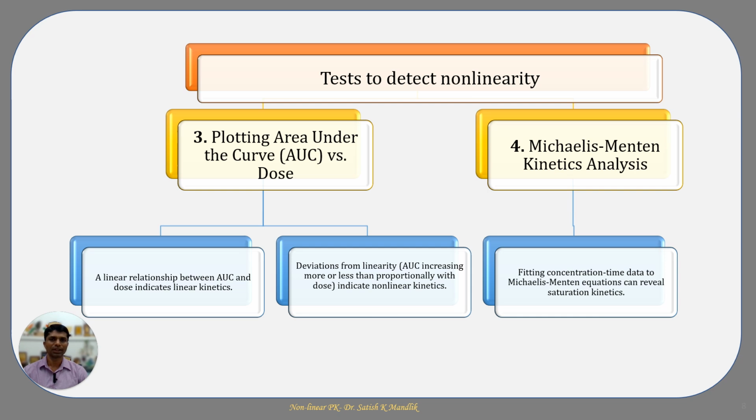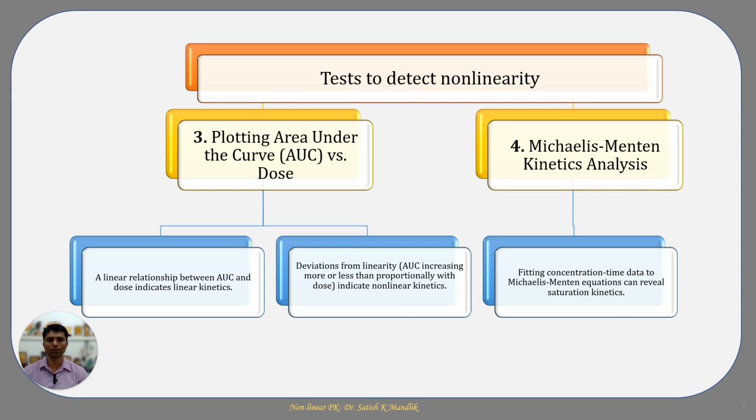Another test by which one can detect non-linearity is plotting the area under the curve versus dose. Plot the AUC and observe: if a linear relationship between AUC and the dose is observed, that indicates linear kinetics. If deviation happens, meaning AUC may increase or decrease disproportionately, that indicates non-linear pharmacokinetics.